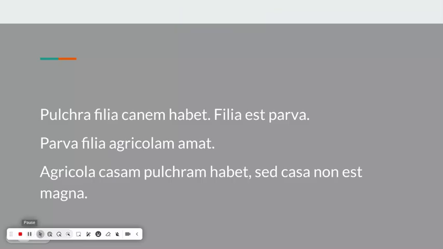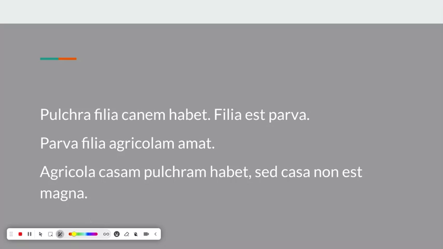All right, we have another word we can use here, another adjective. So pulchra means pretty, and canem means dog. So what do you think the first sentence says? So the pretty girl, pretty daughter, has what?